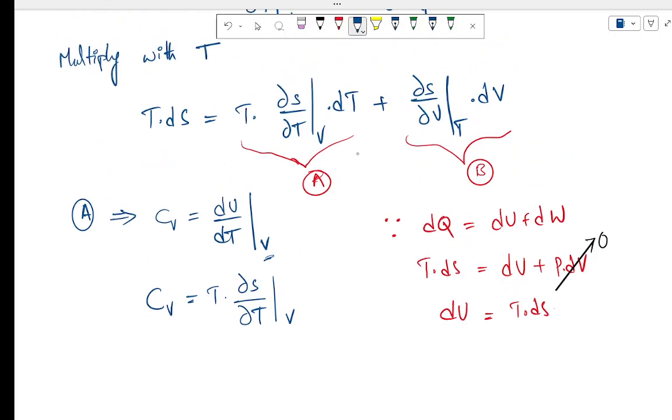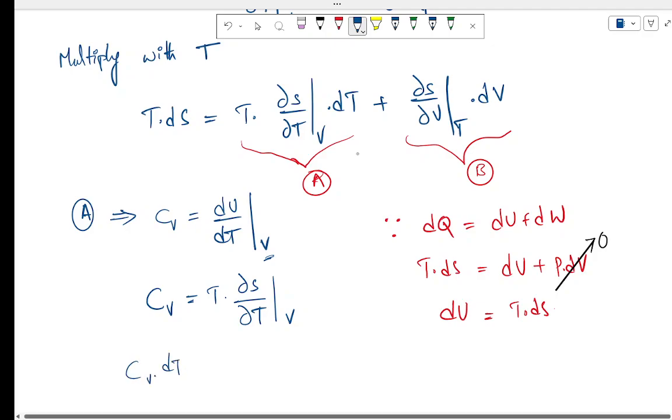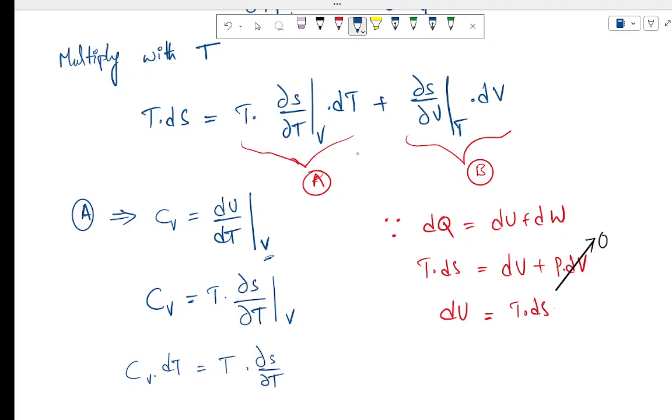If you observe the expression A carefully here, the first two terms are nothing but my Cv now. So if I write Cv into dT, I'm multiplying dT on both sides, T into ∂S by ∂T at constant V into dT.